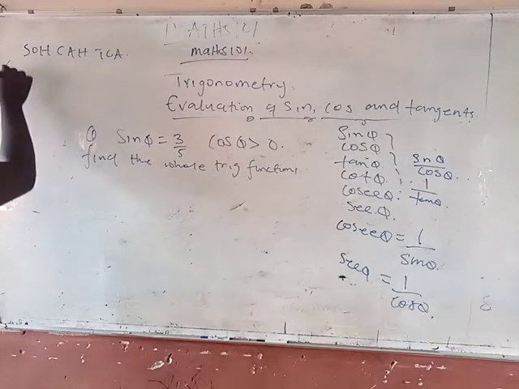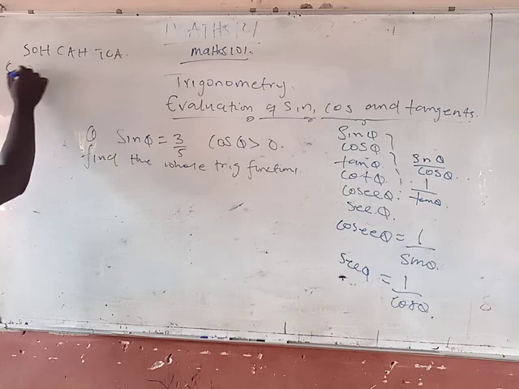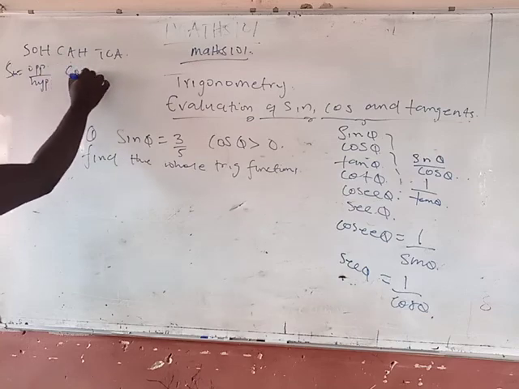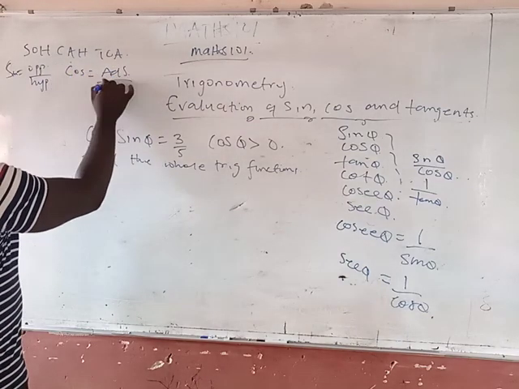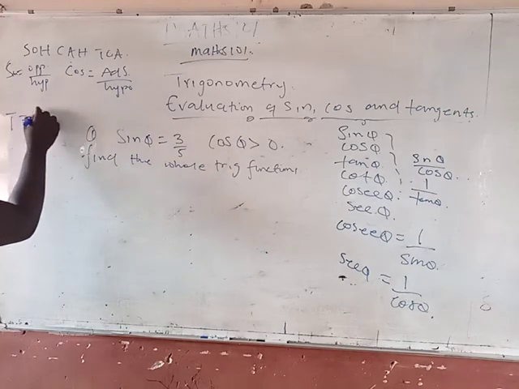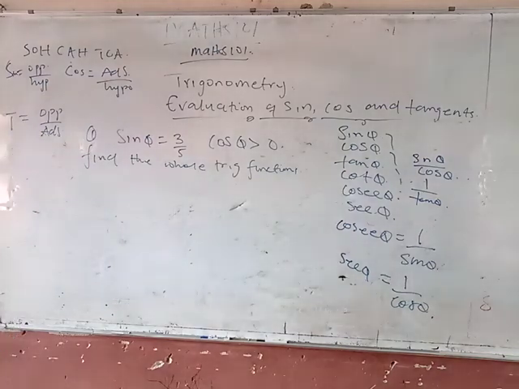What it means is that sine is opposite over hypotenuse, and then cos is adjacent all over hypotenuse, and then tan is opposite all over adjacent. That's what it means.